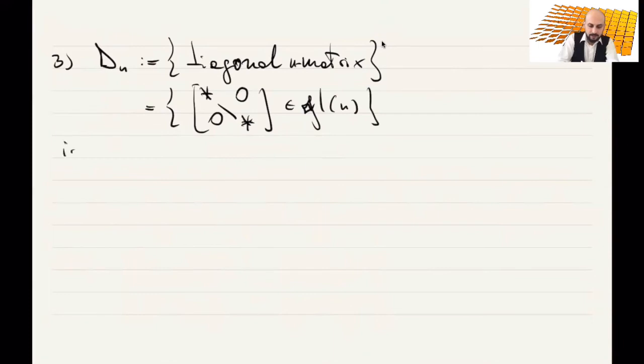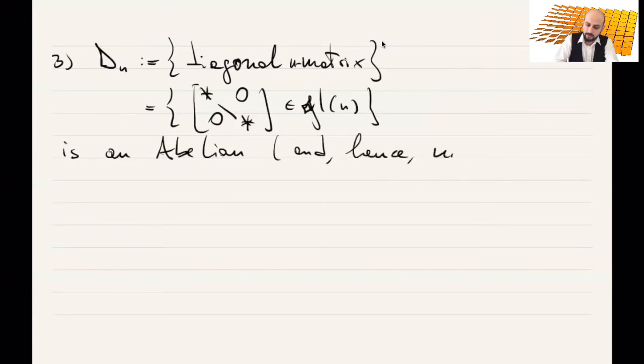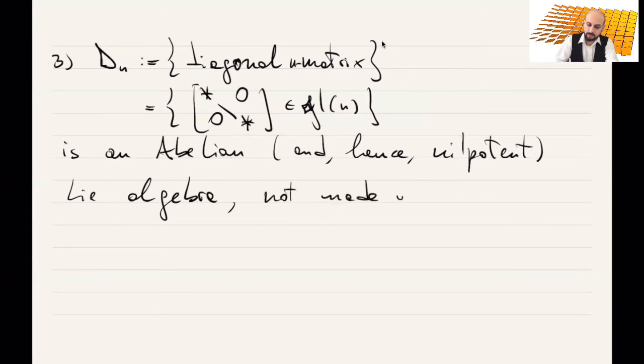Now this is actually an abelian Lie algebra, and therefore a nilpotent Lie algebra, but there are no nilpotent transformations except the 0 matrix. So this is not made of nilpotent matrices.